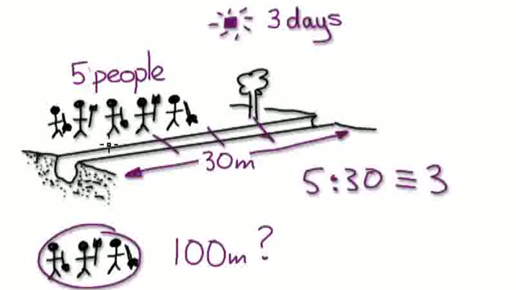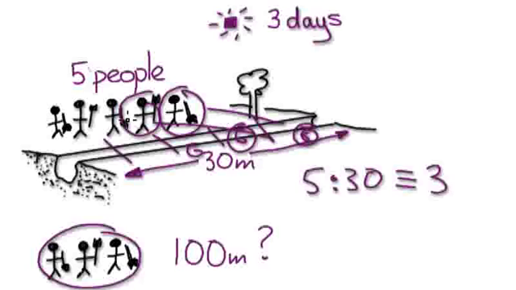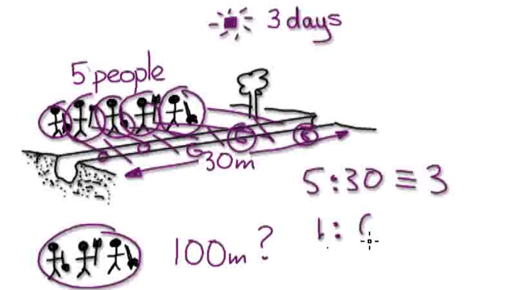So here, if you think about it, each person here would dig 6 meters, because 30 divided by 5 is 6. So this person would dig this part, this person would dig this part, this person would dig this part, and this person would dig this part. So really, one person will dig 6 meters in 3 days.